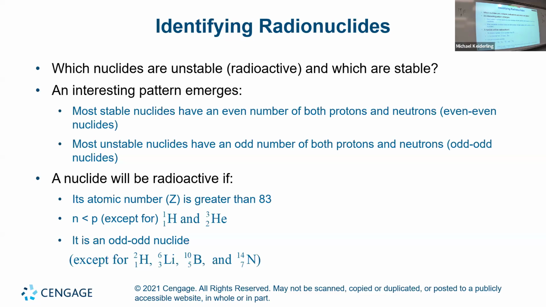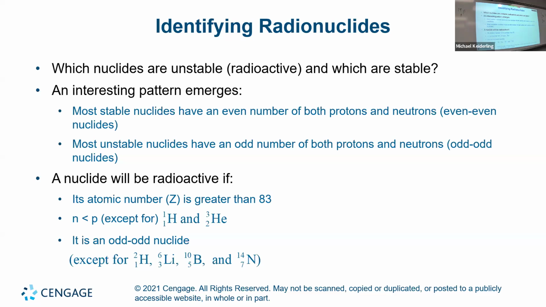Or if the number of neutrons is less than the number of protons, with two exceptions, which are atomic hydrogen and helium-3. Or if it is an odd nuclide, with a few exceptions.